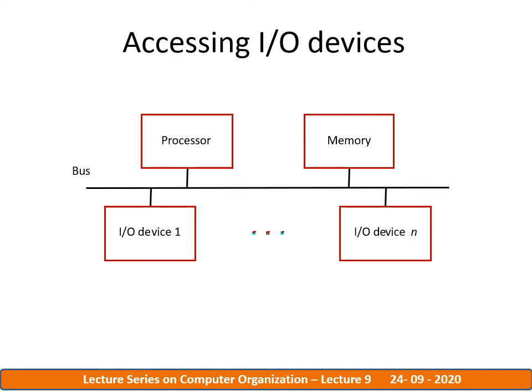Since there is a common bus, if more than one device is connected and enabled at a time, then the data on the bus will be ambiguous, because all the devices are sending information. This results in a problem called bus contention.